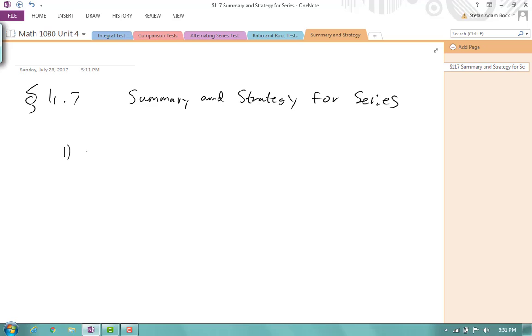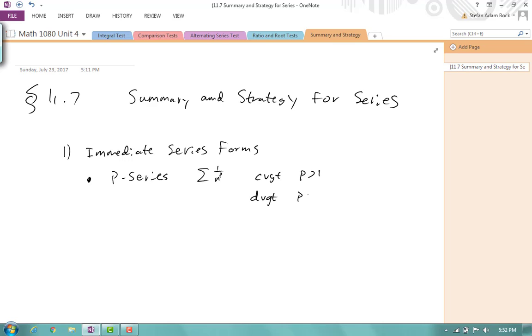These are p-series, which is the sum of 1 over n to the p, which is convergent if p is greater than 1, and divergent if p is less than or equal to 1.